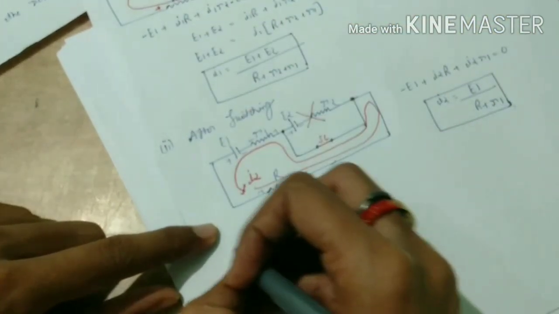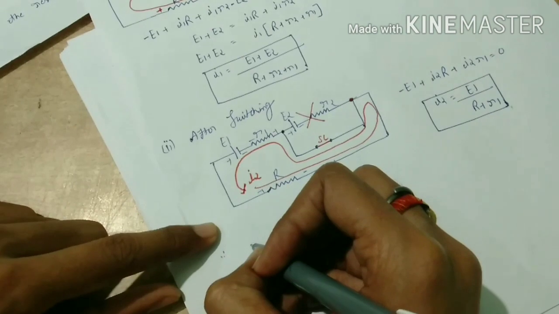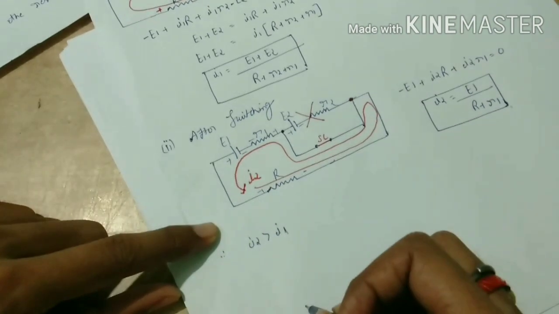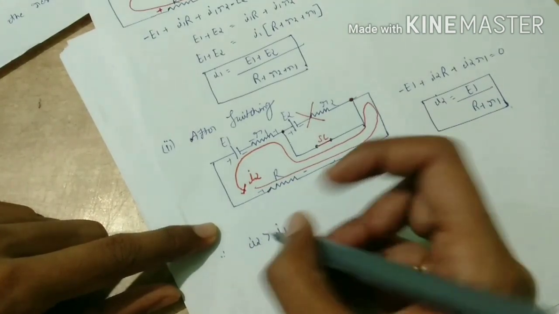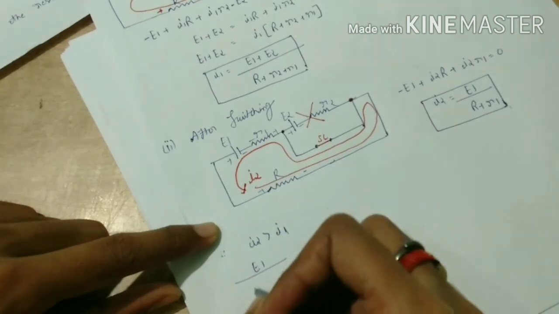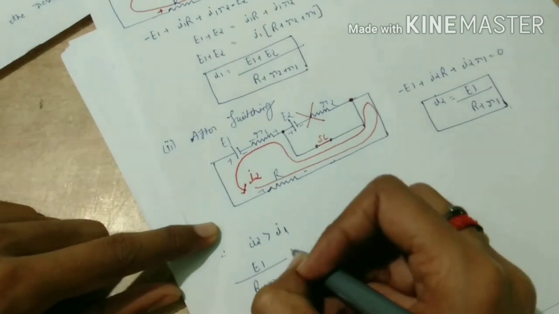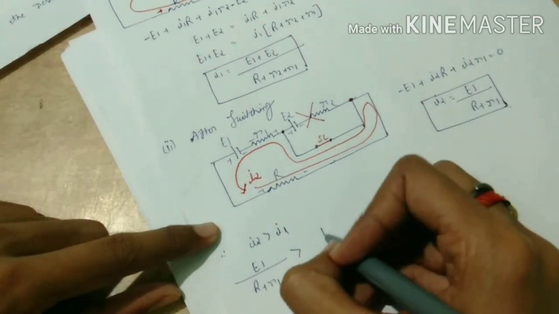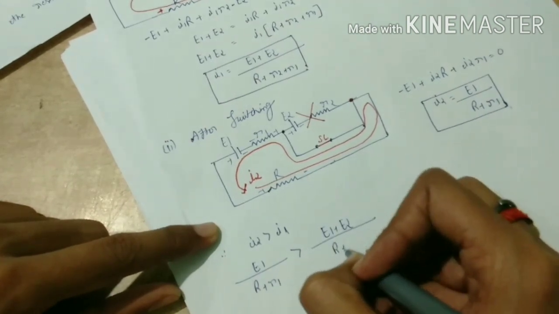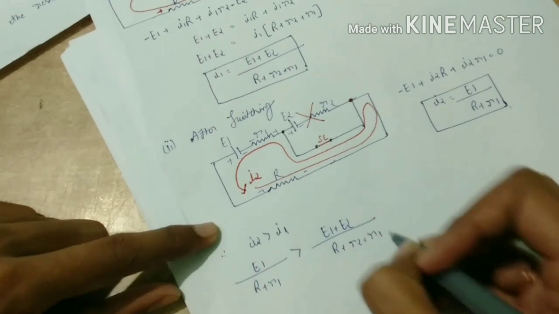First of all, we take I2 increases, meaning I2 is greater than I1. So put the values of I2 and I1 here: E1 over R plus R1 is greater than E1 plus E2 over R plus R2 plus R1.